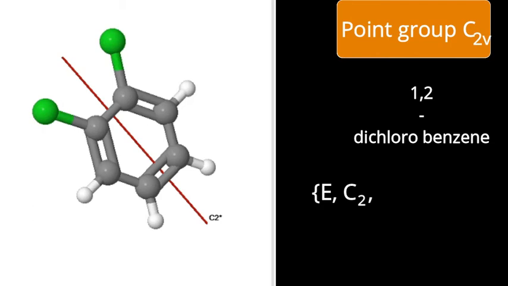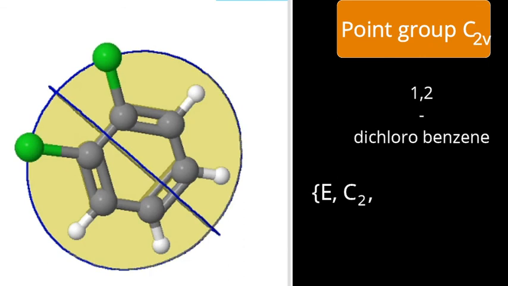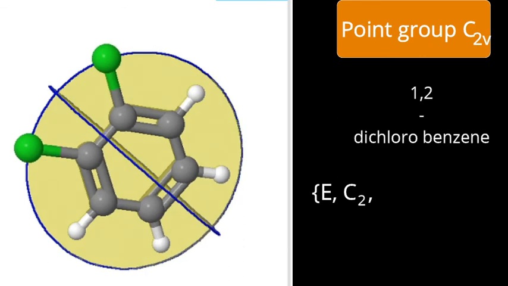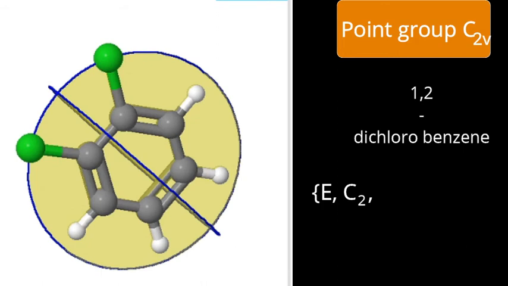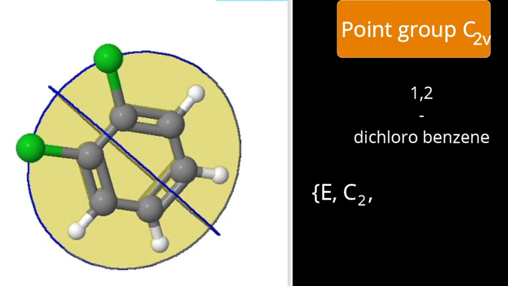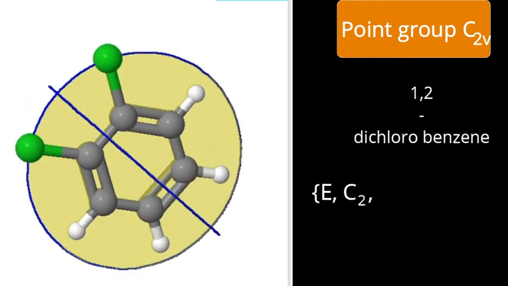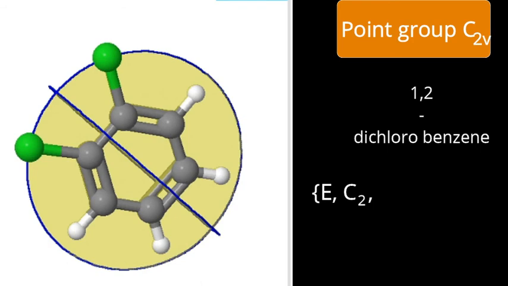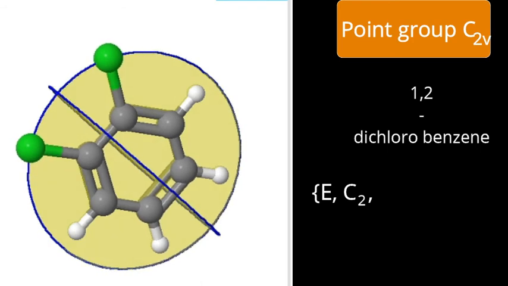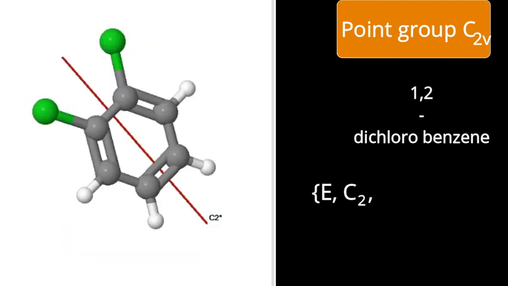So I represented it first, then C2. Further, can we cut this molecule into two equal halves? Does any plane exist? Yes. See here, two planes are represented. One is the molecular plane and the other is perpendicular to the molecular plane and passing through the center, so both planes are along the C2 axis. Then what is the category of these planes? Vertical, horizontal or diagonal? Only one option, that is vertical.